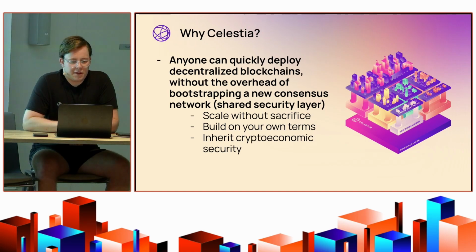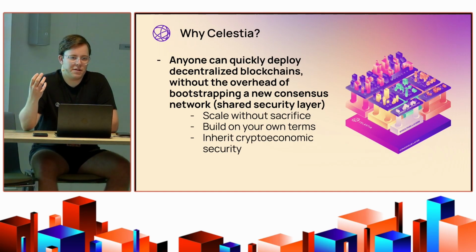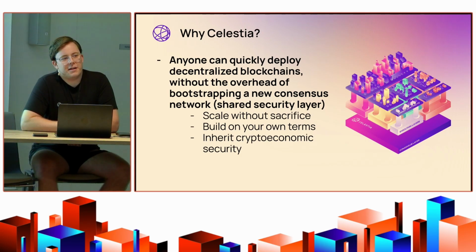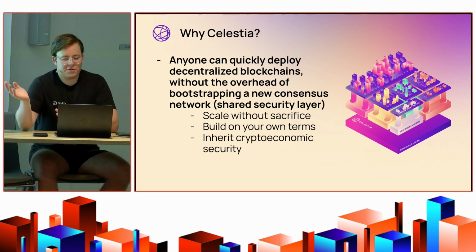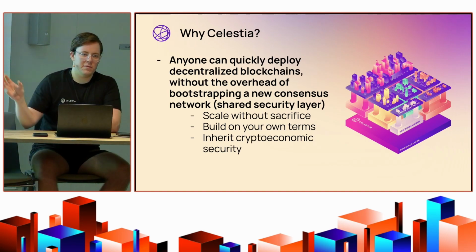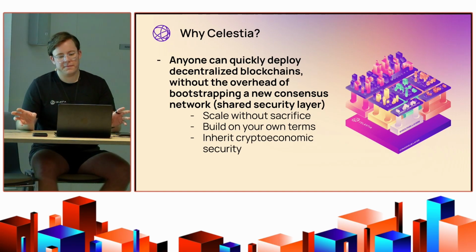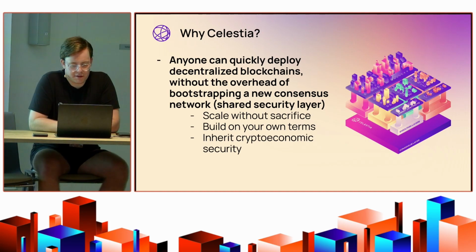But what you can do by building on Celestia or another shared security layer is you can scale your execution environment where your smart contracts are without sacrificing throughput. If you've ever interacted with something on Ethereum, you probably have had high transaction costs, and you might have to wait a while. But if you're able to put your users in their own environment that's just for a game, or just for a restaurant or something like that, you don't have to worry about everyone else using the same execution environment, and it makes things more scalable.